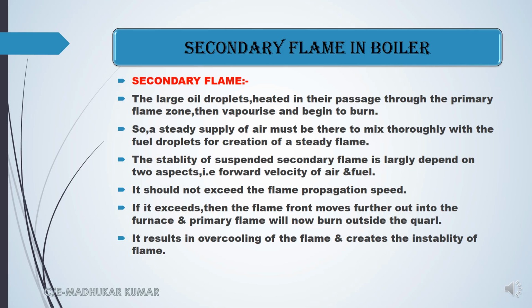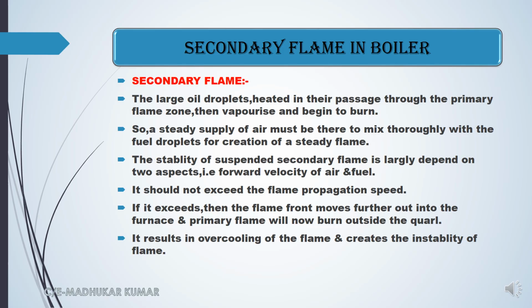Basically, it will go and hit the other side of the refractory material. So it should not exceed the flame propagation speed. Then it will be stabilized and maintain the suspended flame. If it exceeds, then the flame front will move further out into the furnace, and the primary flame will now burn outside the coil.